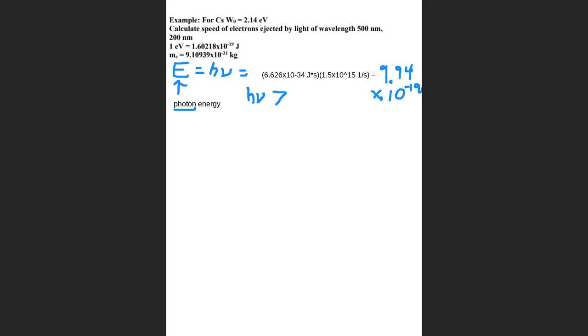The energy of the photon, h nu, is greater than W, so the effect can take place.